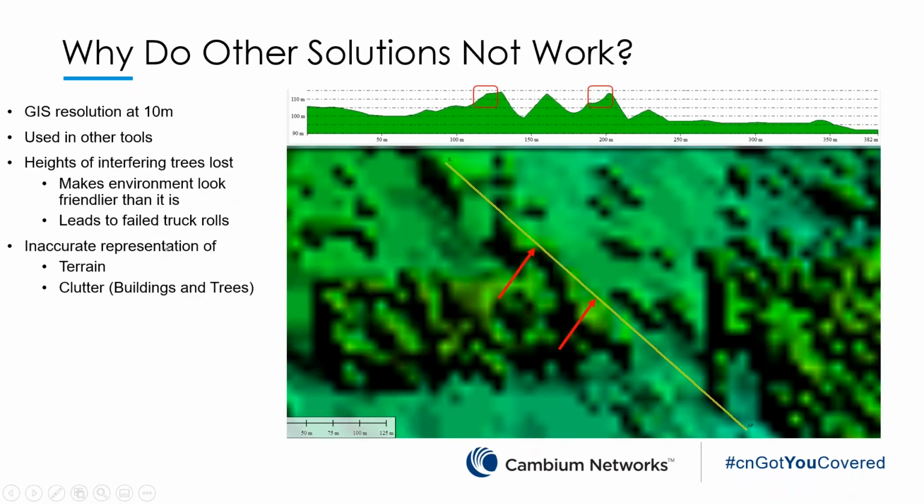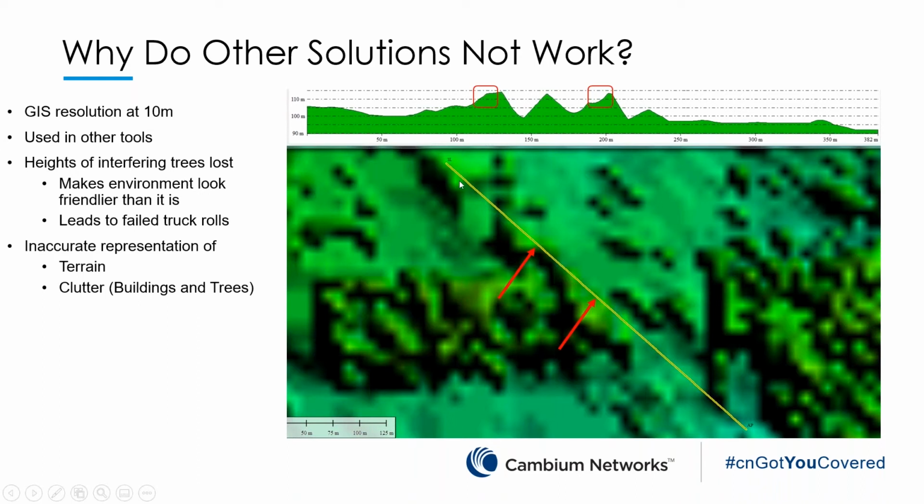Other solutions, like even our link planner, don't use 1 meter data, they use 10 meter and 30 meter data. And if we look at 10 meter data here at the same area, here's the same church, but you can't really tell it's a church anymore. You can't really see the specifics of the ground because all the points are being averaged together at 10 meters. And then the height overall, instead of being 120, 122 meters, now we're down below 115 meters.